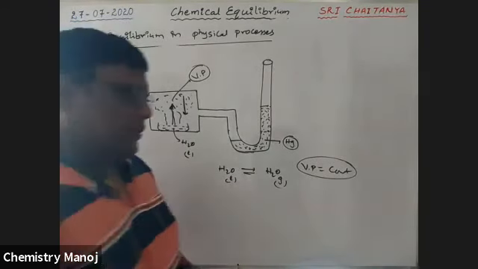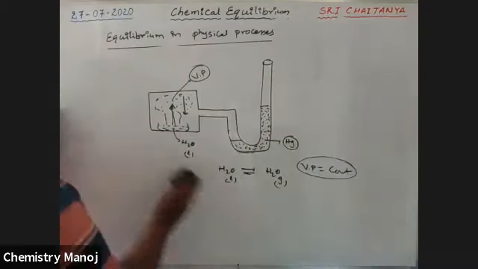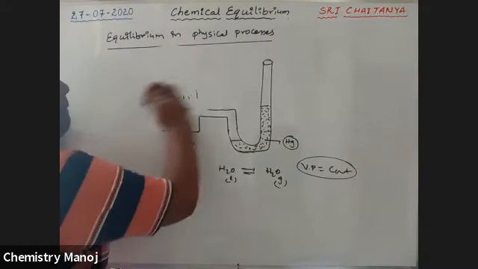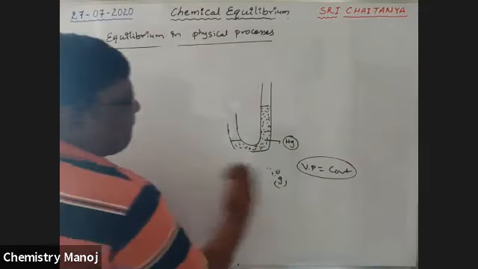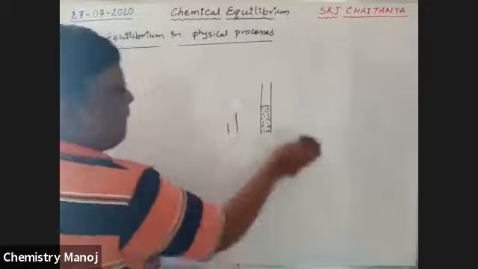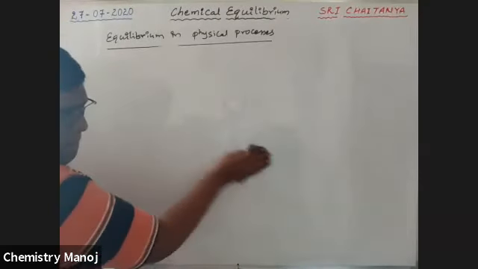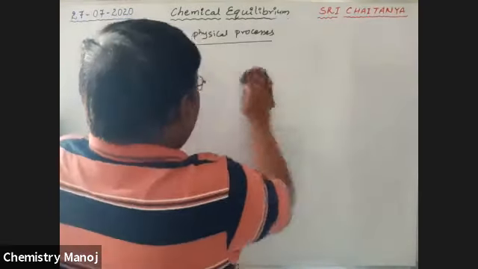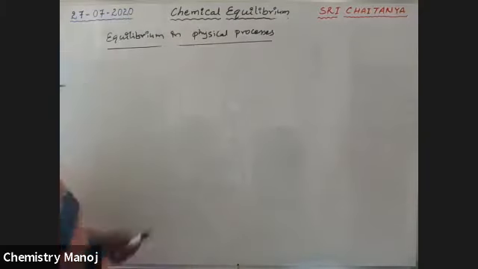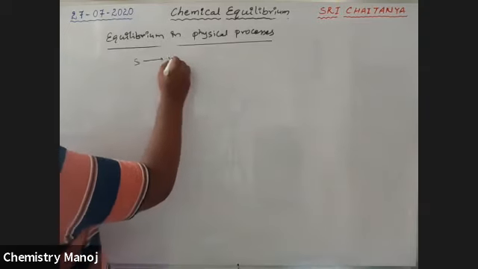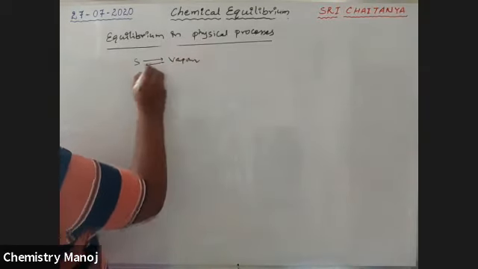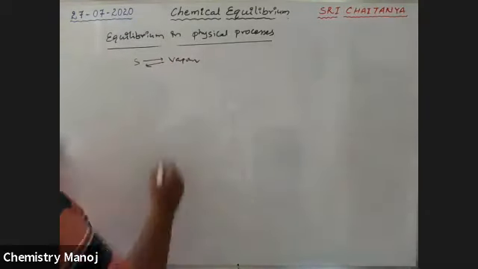Okay, next one. Solid-vapor equilibrium was already explained. That is I2, solid to vapor. Solid to vapor, that is camphor.